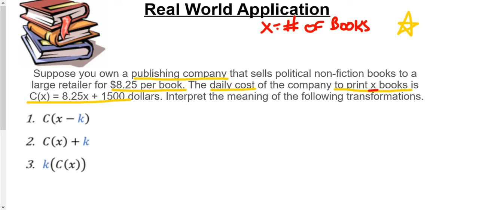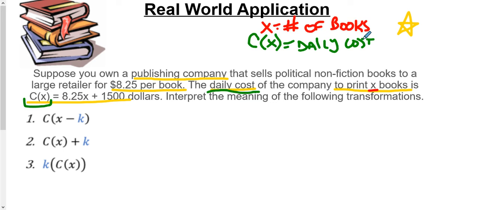We know we have the daily cost here. The daily cost is the C of X that we've got right over here. This daily cost is this entire equation, C of X. This whole equation will give us the daily cost. So I'm going to write up here in my list, C of X. This is the daily cost to run my company.